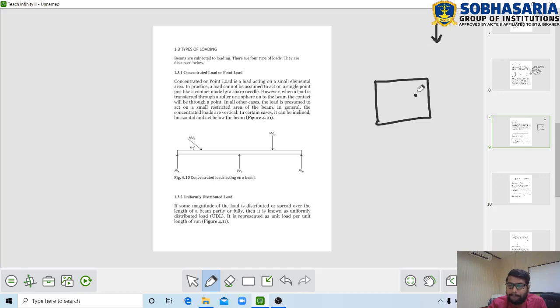In the same way, point loads on a beam means when the object comes in contact with the beam at a single point, that will induce a concentrated load, that is a point load. Example, a practical example, we can see if there is a vehicle.